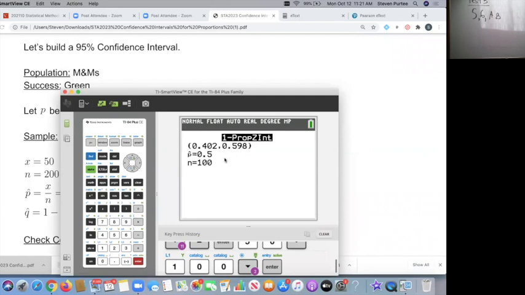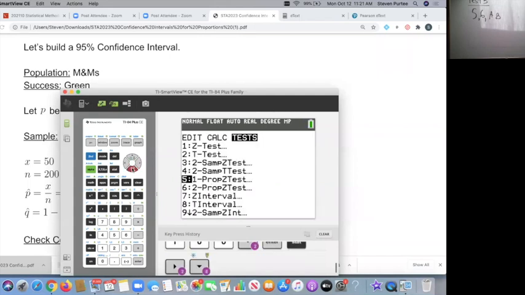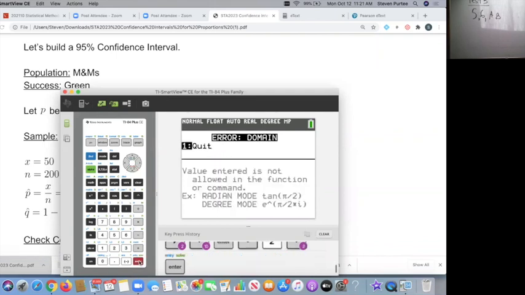That's my interval. Oh, wait, I typed something wrong. Let me redo that. That interval was not right. N was 200 right there, 200. Hit calculate.